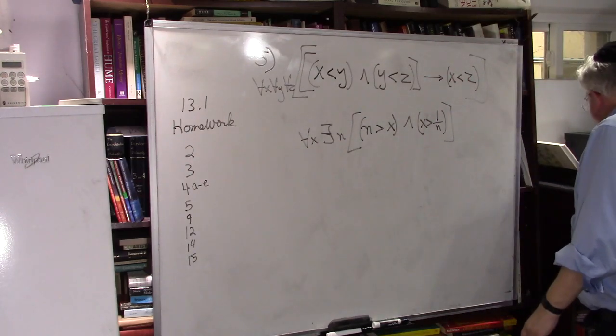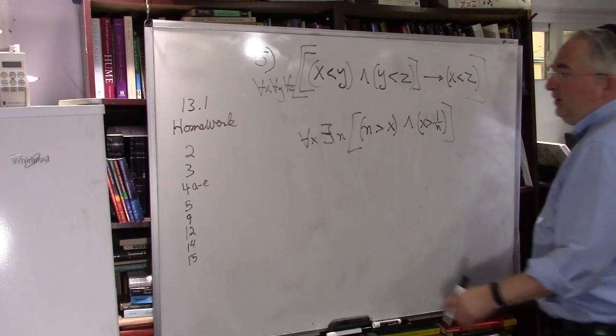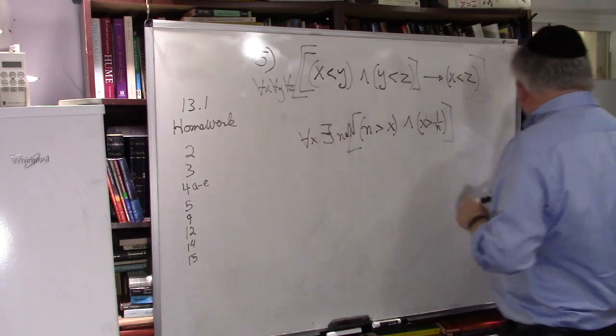Okay. Next, number 5, C. For every m, n, there exists a p. Oh, I'm sorry, this is n in N. Okay, good.